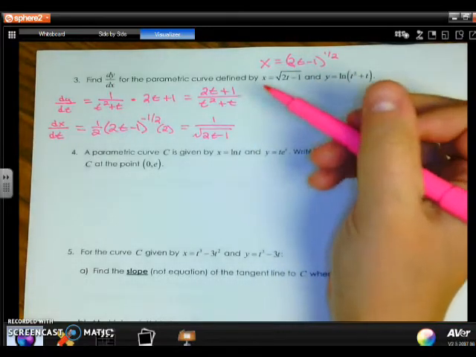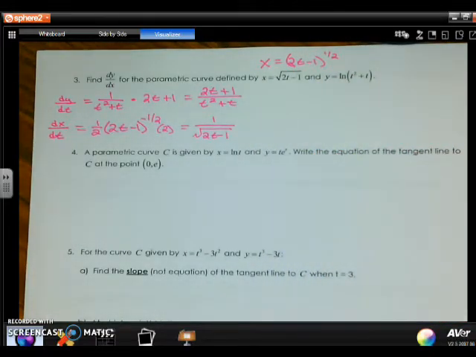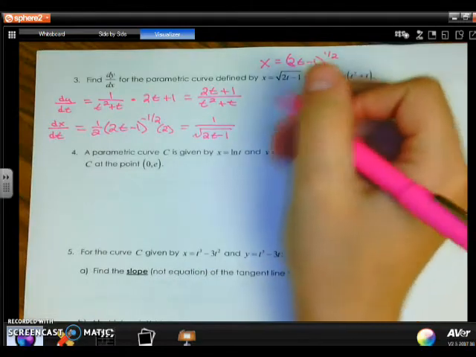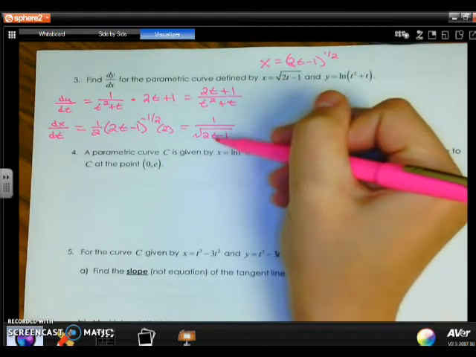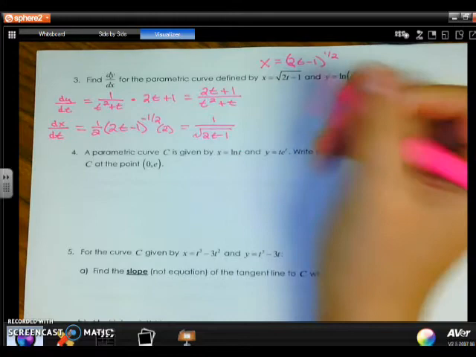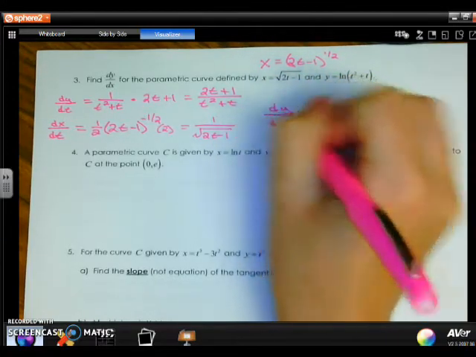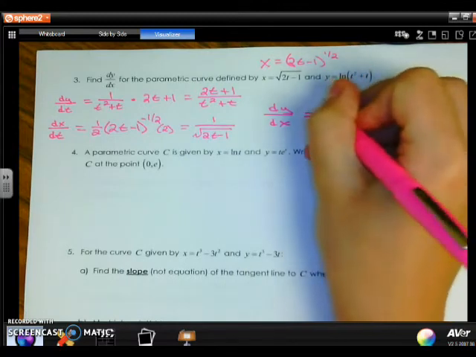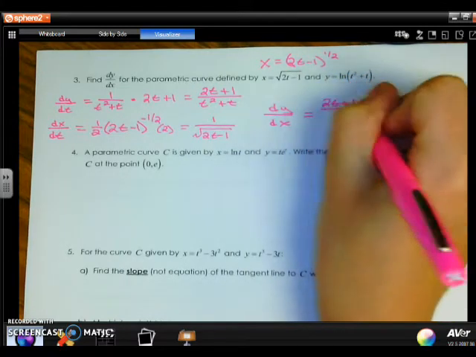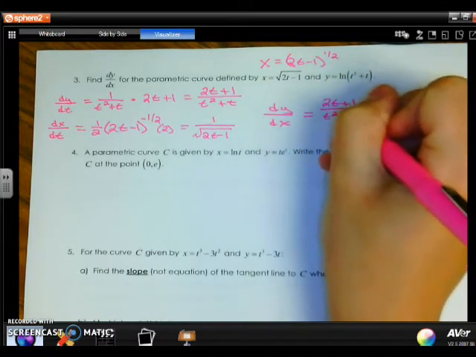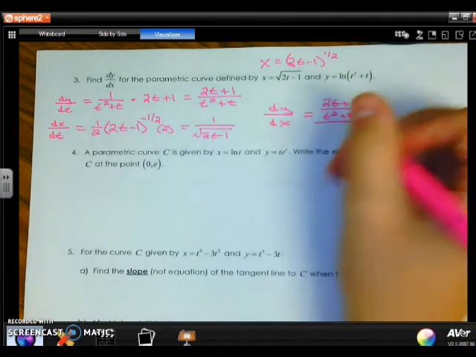Now it's just going to be those two things matched up together. Okay, so you can rewrite it as this divided by that, or you could do a keep, change, flip. So you could say that dy/dx is going to be this thing divided by that.